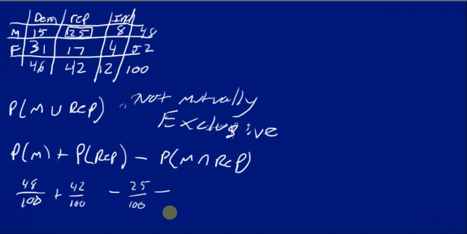So you add the 48, the 42, and subtract off the 25. I think you're coming up with 65 out of 100. As soon as I have that, I can go right to 65%, or 0.65. But we need to reduce this always, and that would come down to 13 out of 20.